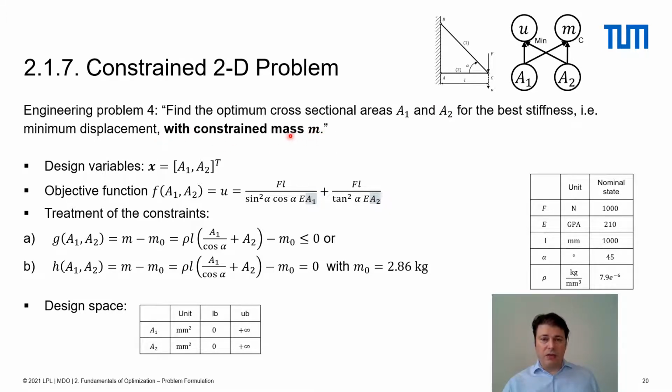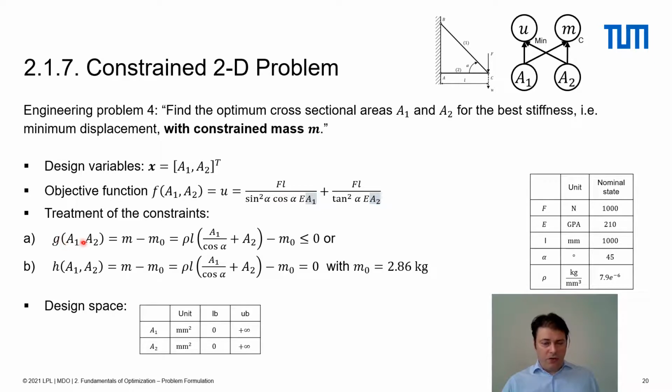And again, we're going to treat this as two different problems, one with an inequality and one with an equality constraint. The design variables now are A1 and A2, so we have a two-dimensional design variable vector, and the objective function becomes a little longer, and we need to have A1 and A2 explicitly available in this function.